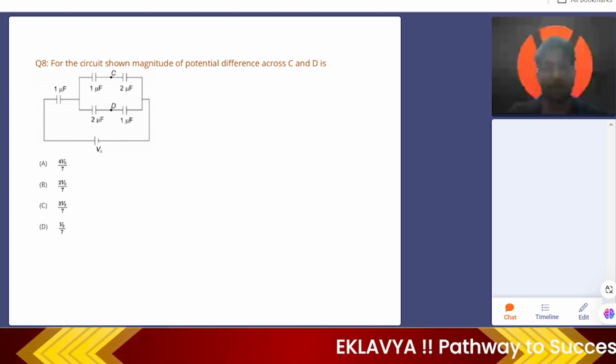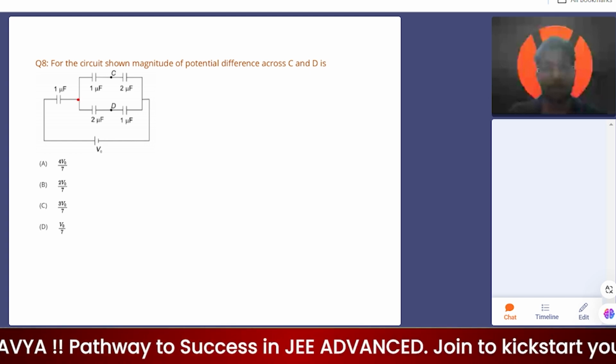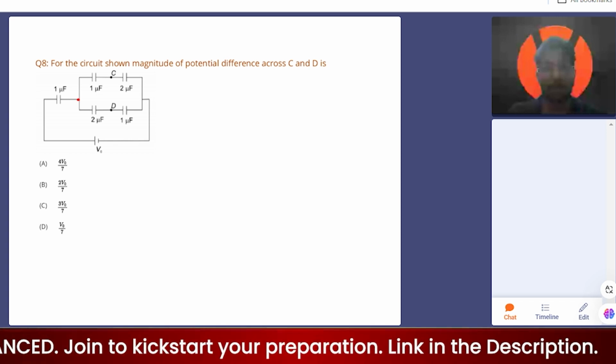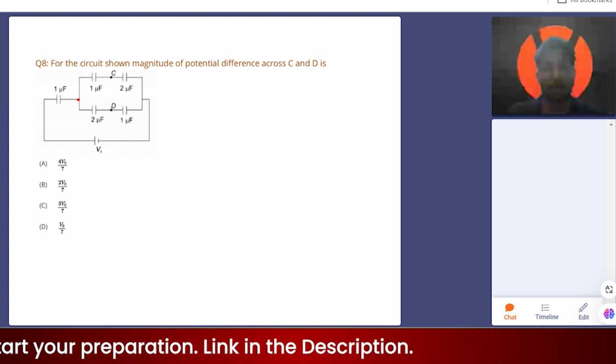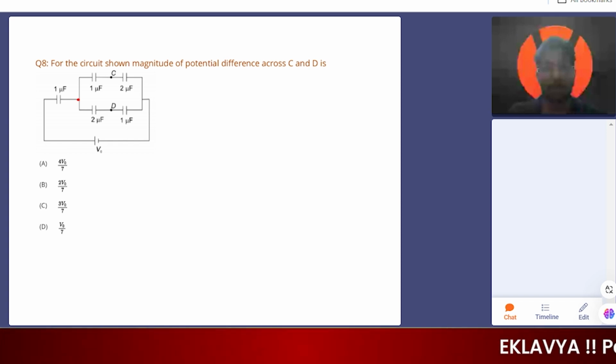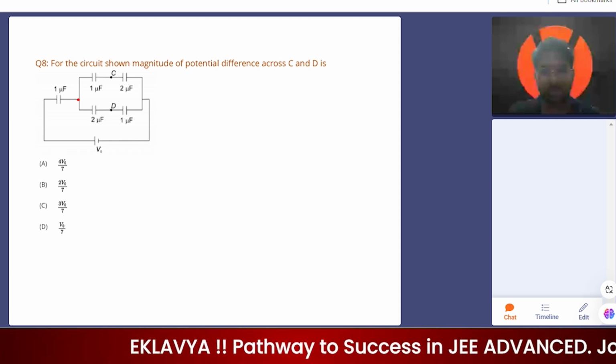But before we do that, let us understand if you can get the potential across this, that will be easy, because if I want to apply the loop analysis or KVL, conserving the charge, I just need to know the total potential drop across each one of them. So for that I need to know their charges.